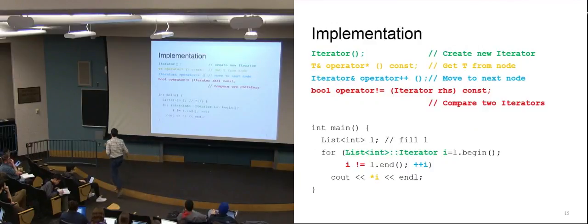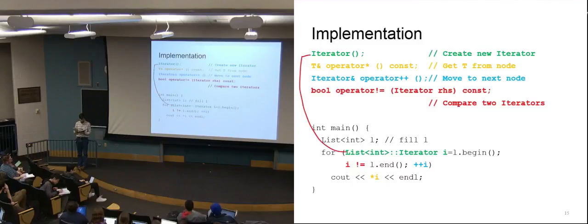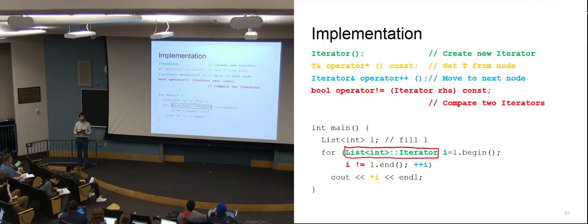So let me remind you where we use these functions. This green code is the constructor. Keep in mind that to describe the type, you need all of that. Because which iterator? It's the iterator that's inside of the list. Well, what kind of list? A list that holds ints.